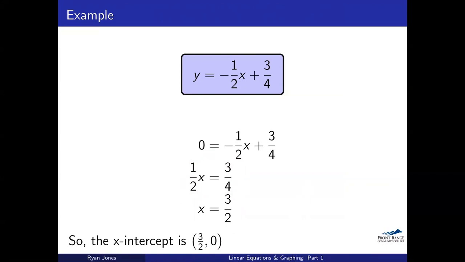And now, let me be clear. We could have calculated the slope in a very different way. So we turned this into point slope form first. Or excuse me, I misspoke there. We turned this into slope intercept form first. But we didn't have to do that. We could have found the x and y intercepts first and then calculated the slope based on that.